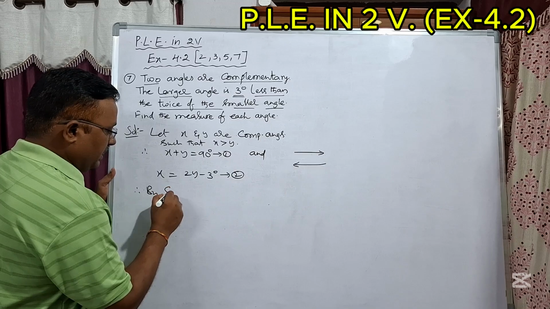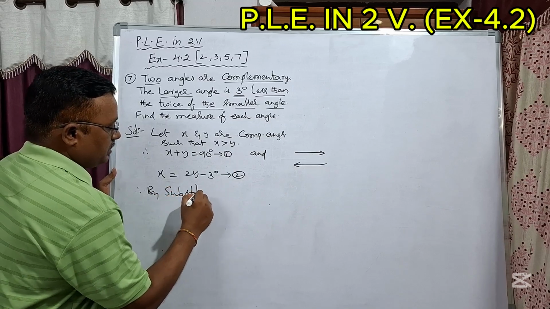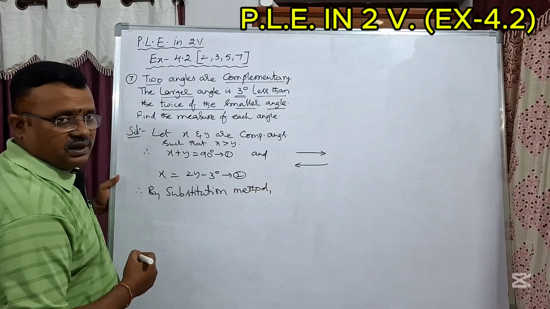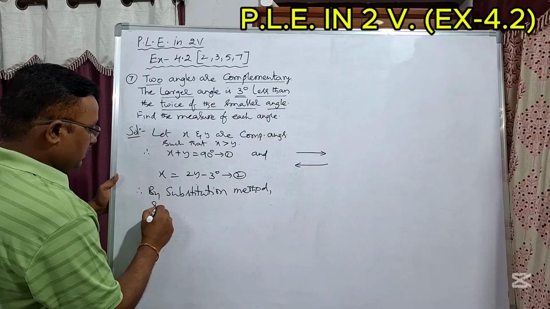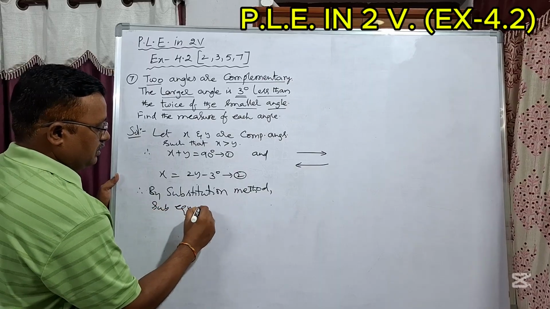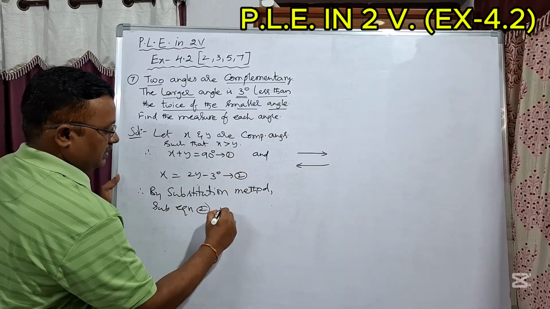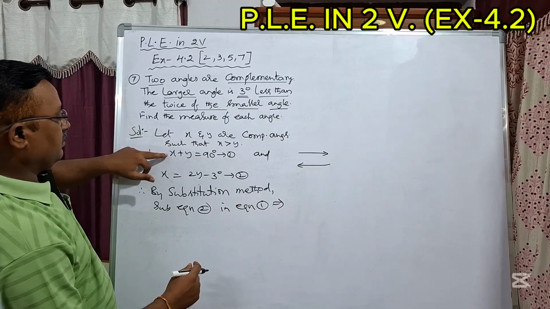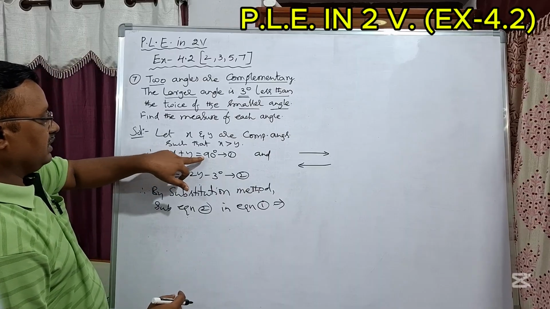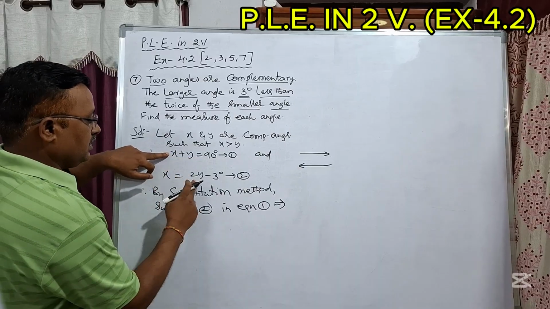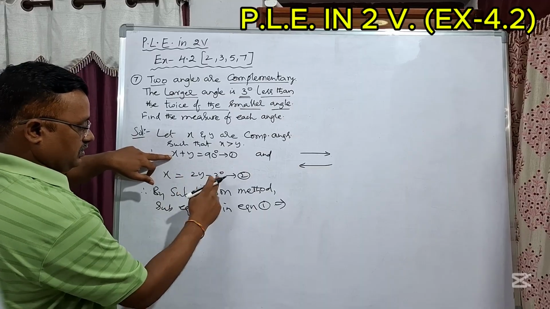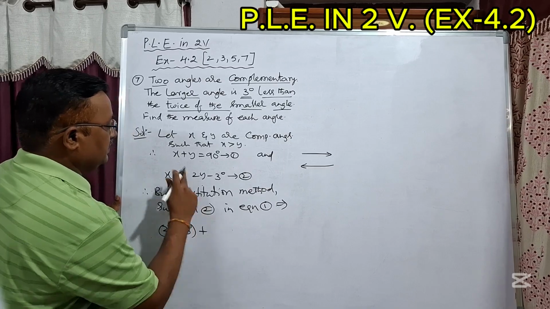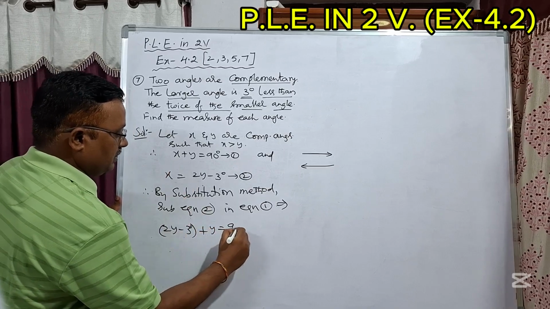Therefore, by the substitution method, substitute equation 2 in equation 1. What is equation 1? x plus y equal to 90, but x means 2y minus 3. Instead of this, you have to write 2y minus 3 degrees plus y equal to 90 degrees.